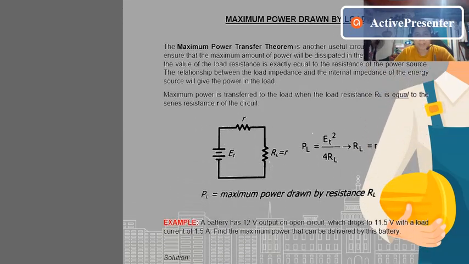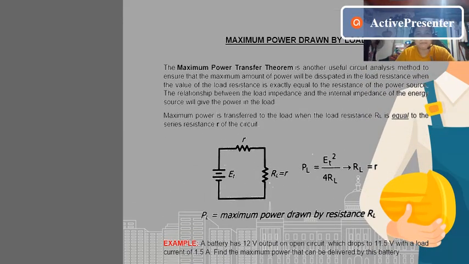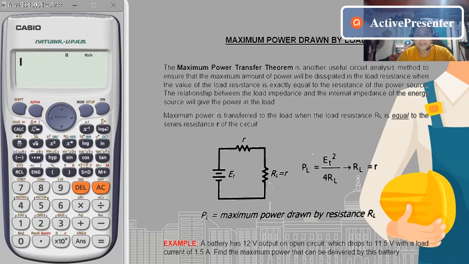For the next topic, we have maximum power drawn by load. The maximum power transfer theorem is another useful circuit analysis method to ensure that the maximum amount of power will be dissipated in the load resistance when the value of the load resistance is exactly equal to the resistance of the power source.